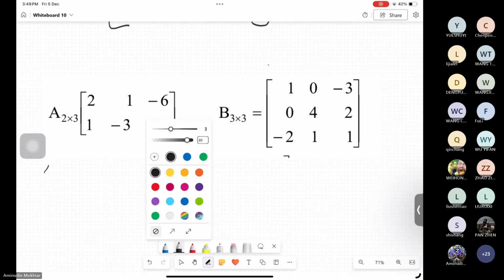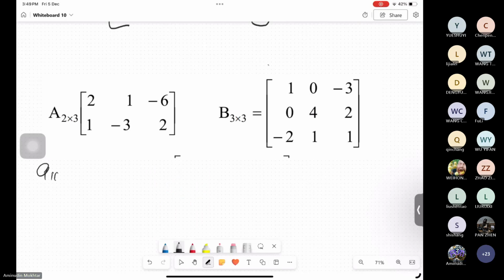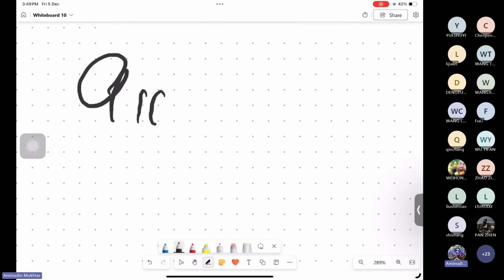In a11, the first number refers to the row and the second number refers to the column. The first number refers to the first row of matrix A, and the second number refers to the column of the second matrix.